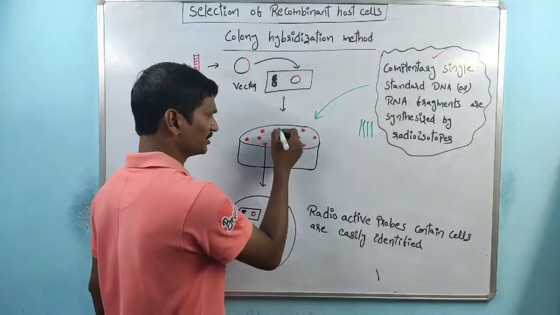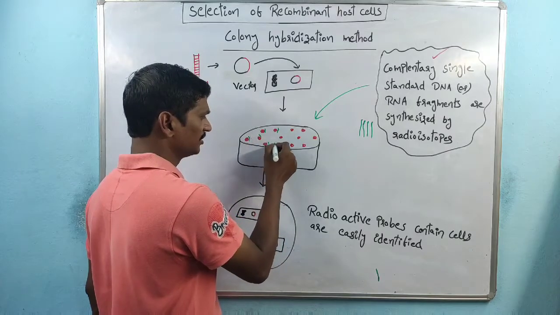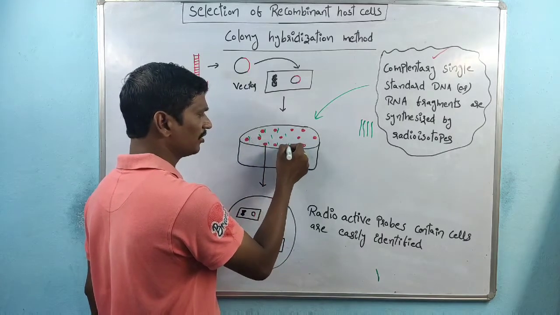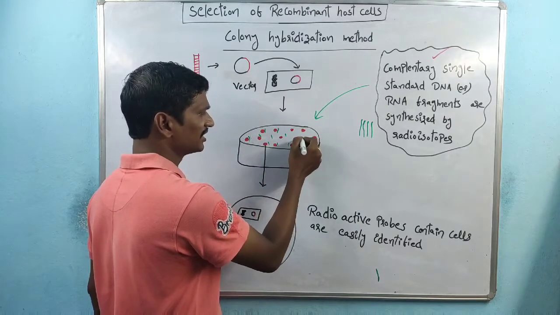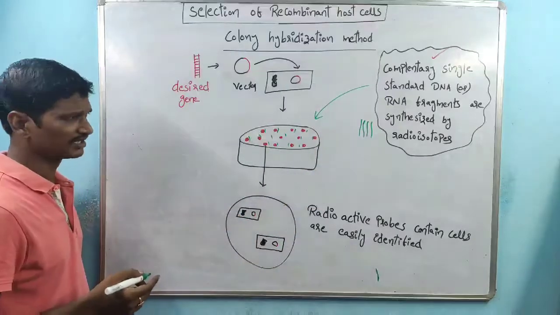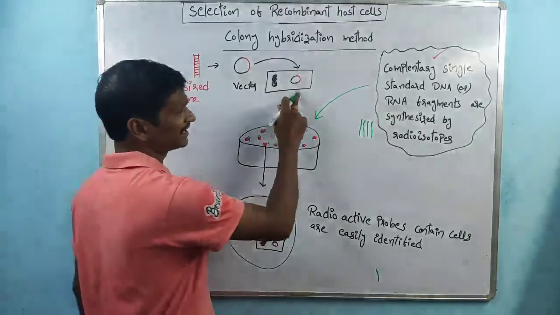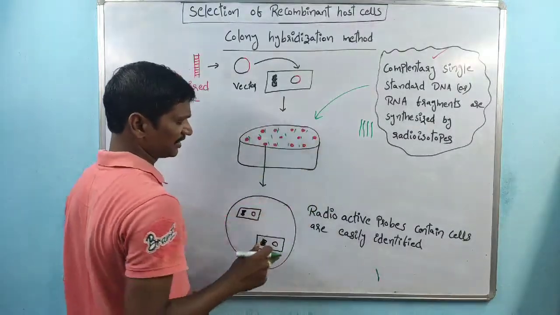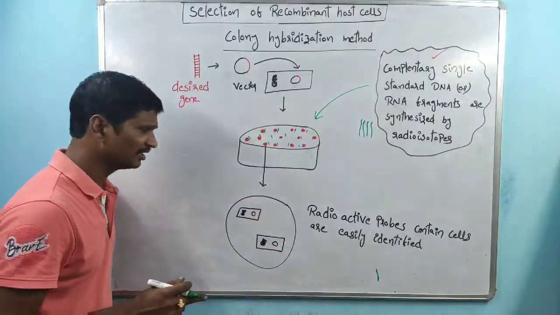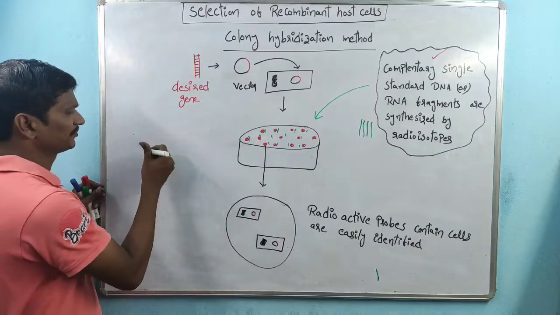These are added to the colonies, right? We added many single-stranded radio-labeled fragments, which enter into the host cell. Suppose this is the host cell.